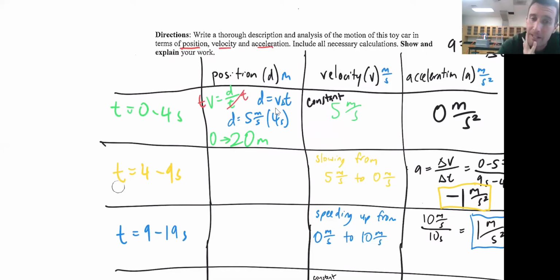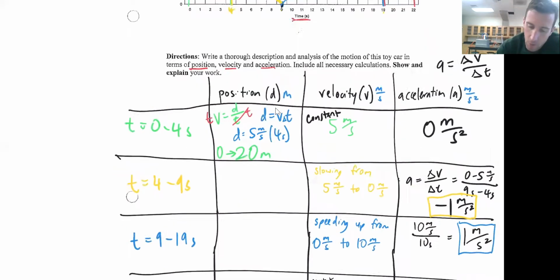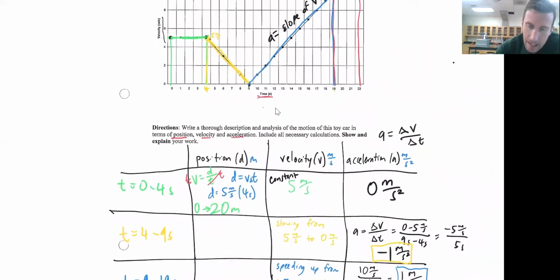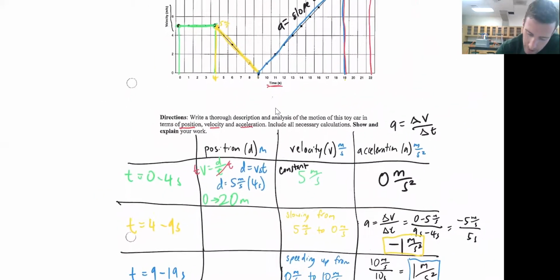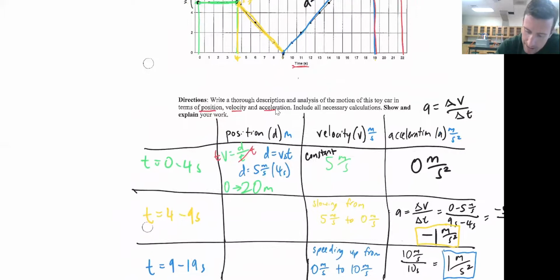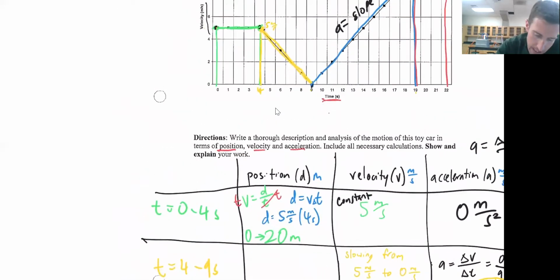Now, the next piece is I'm going from 4 to 9. So one way that I could conceptualize this is I just did velocity times time. The velocity is the y value, the time is the x value, 0 to 4.